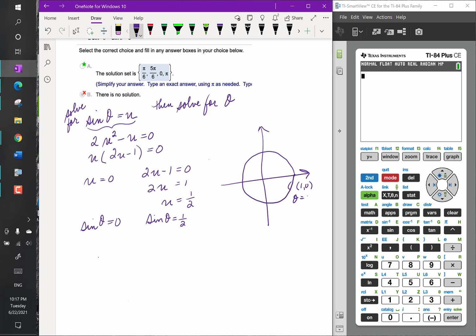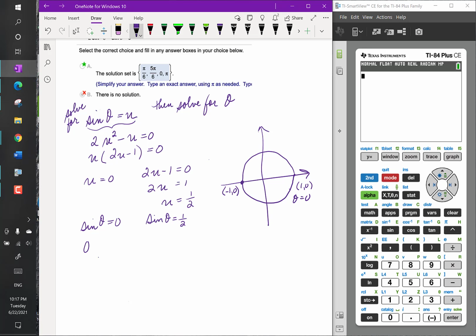when theta is 0. And the sine is also 0 over here, at the point -1, 0.